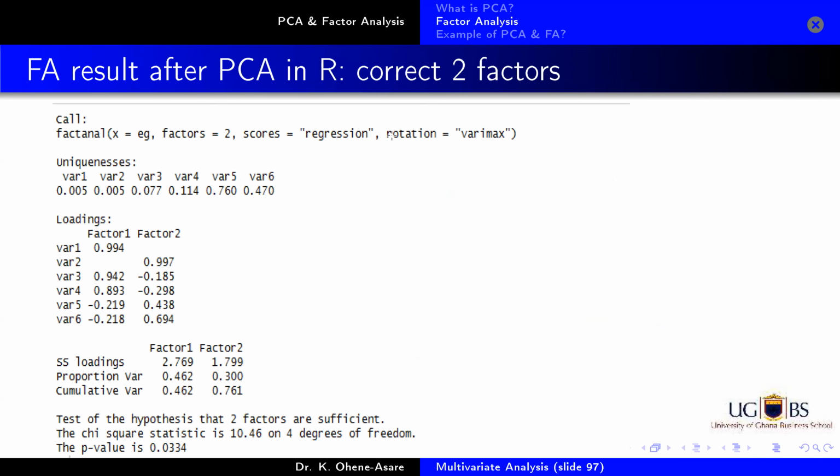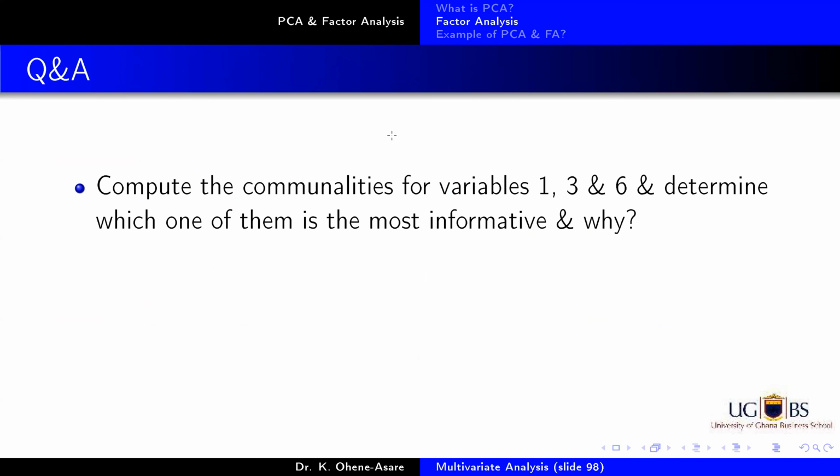So I want you to look at the data set again. Okay, and I'm going to ask you this question, going to use the R information. I want you to look at the question again. Compute the communalities for variables 1, 3, and 6. And determine which one of them is the most informative and why. So compute the communalities.